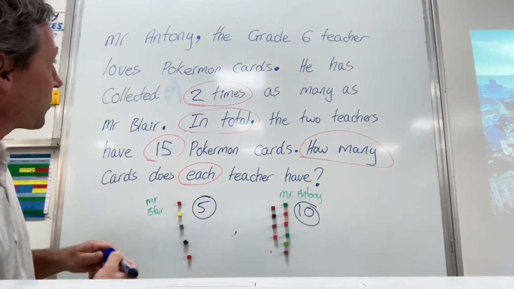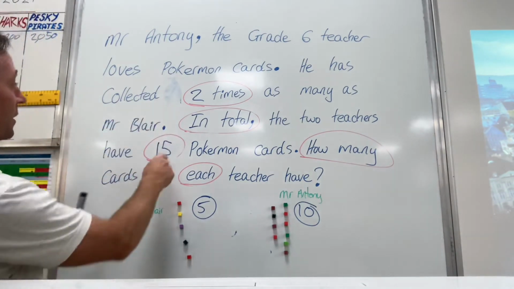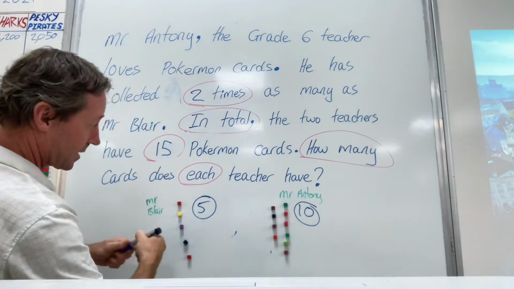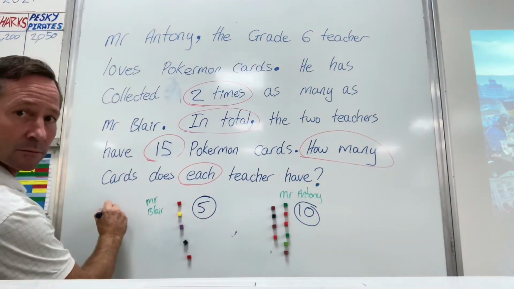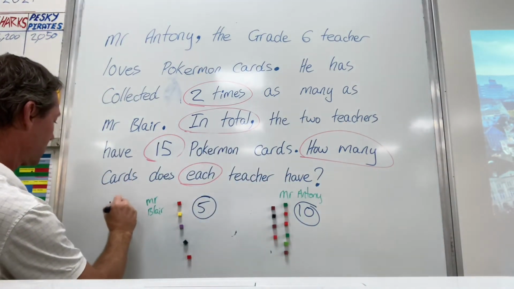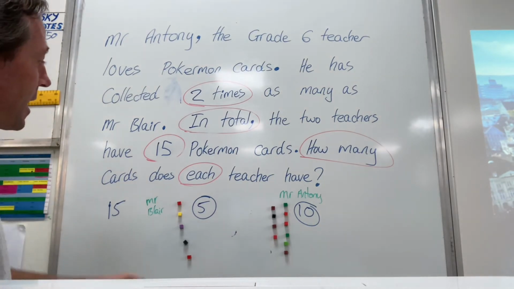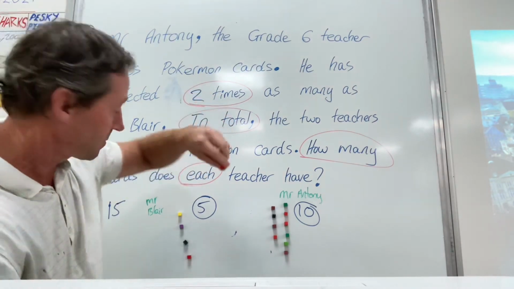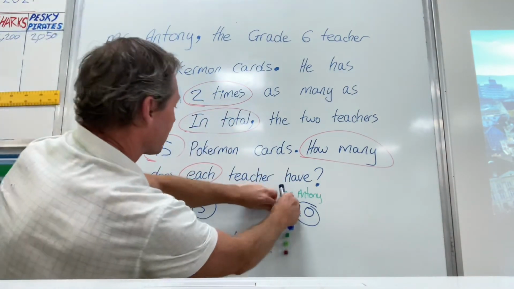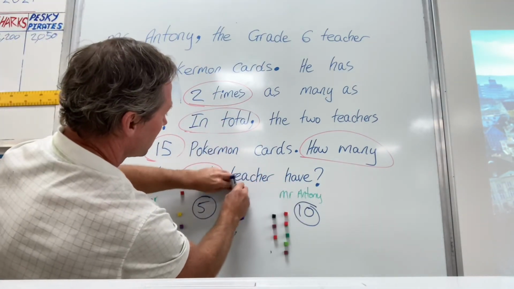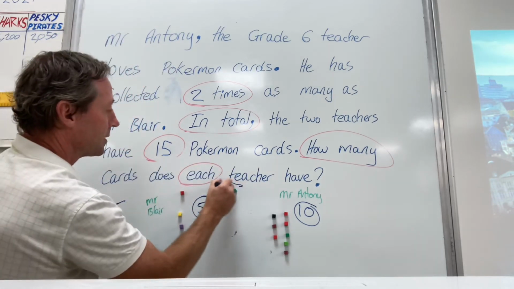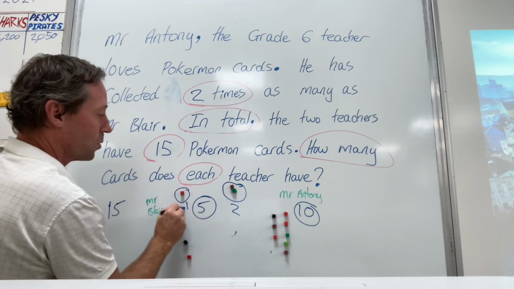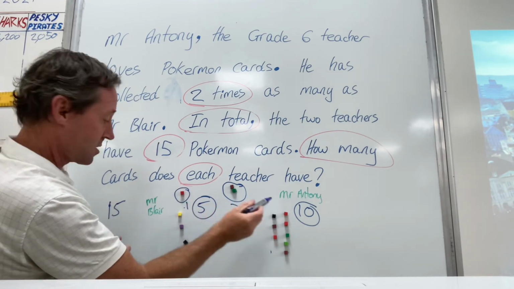Let's try it back the other way. If we had 15, which we have, and so for example at the start, I get given 1, he gets twice as many, which is 2 times as many, 2, and I have 1. 1 plus 2 is 3.